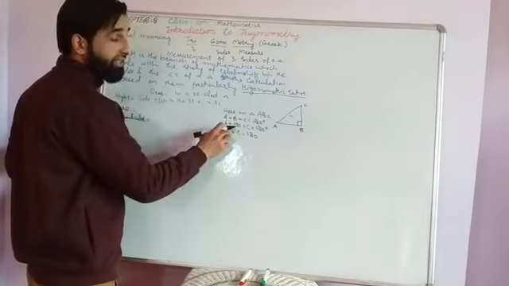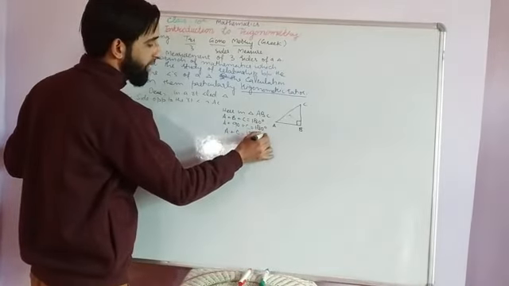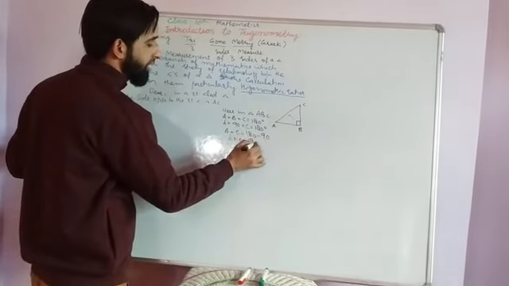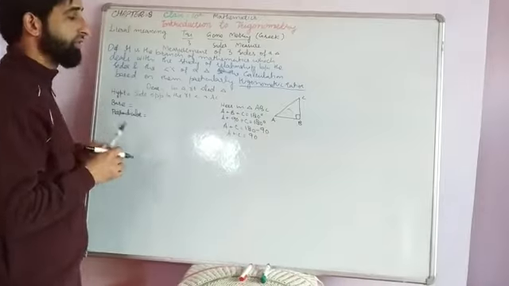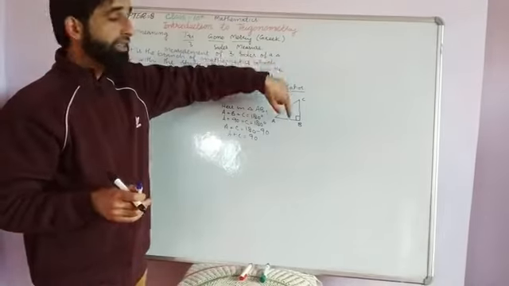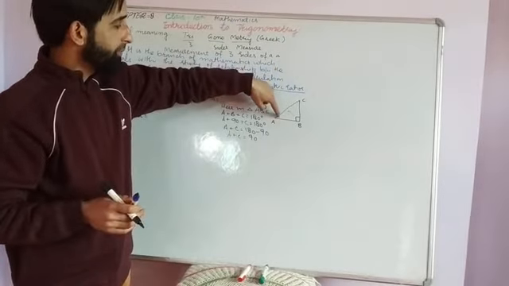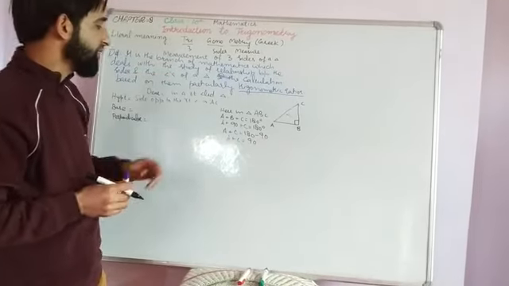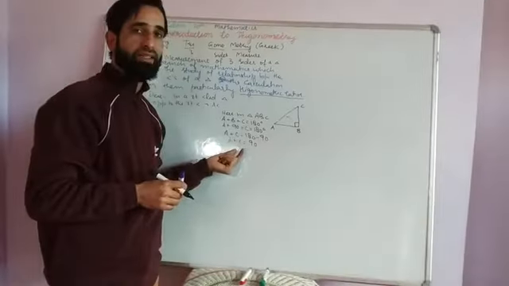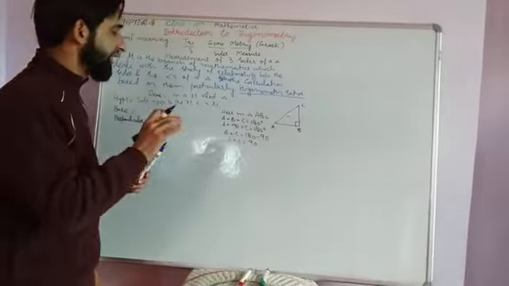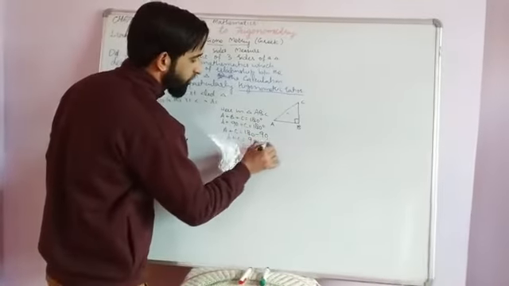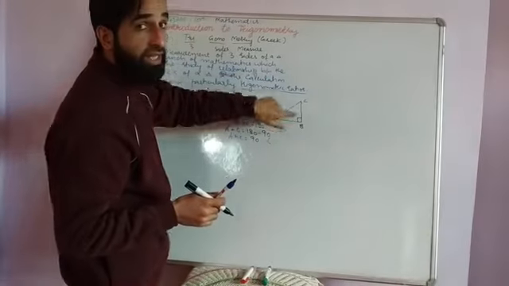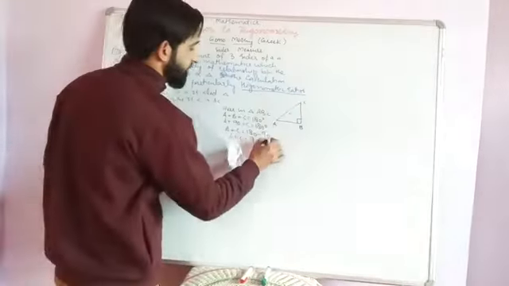That is A plus C is equal to 180 minus 90, which is equal to 90. So in any right triangle, the sum of the two angles excluding the right angle is equal to 90 degrees. That means both of these angles are less than 90, that is, acute angles.